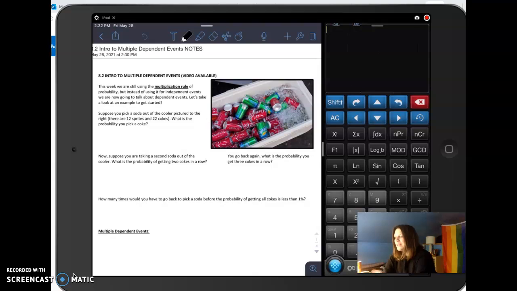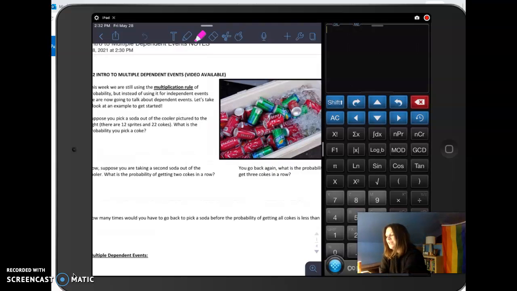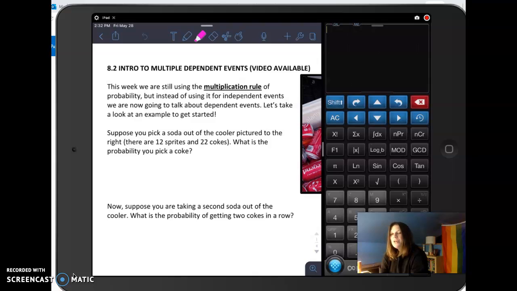All right, so this week is very similar to last week, but we're going to be talking about a slightly different topic. Look at the title here. It says Intro to Multiple Dependent Events. Last week we talked about independent events, and this week we're talking about dependent events.